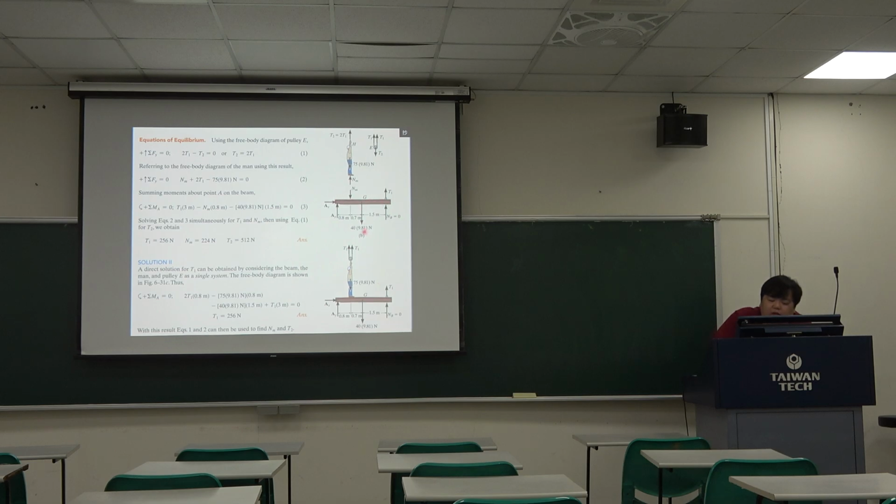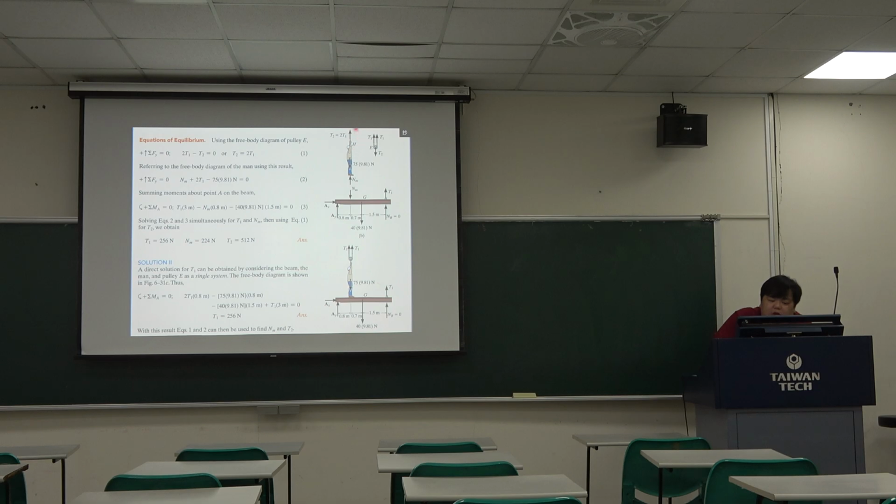So this is the weight force, and this man also has his weight, and this man stands on this beam, so this beam will get the internal force, and this man also has an internal force.